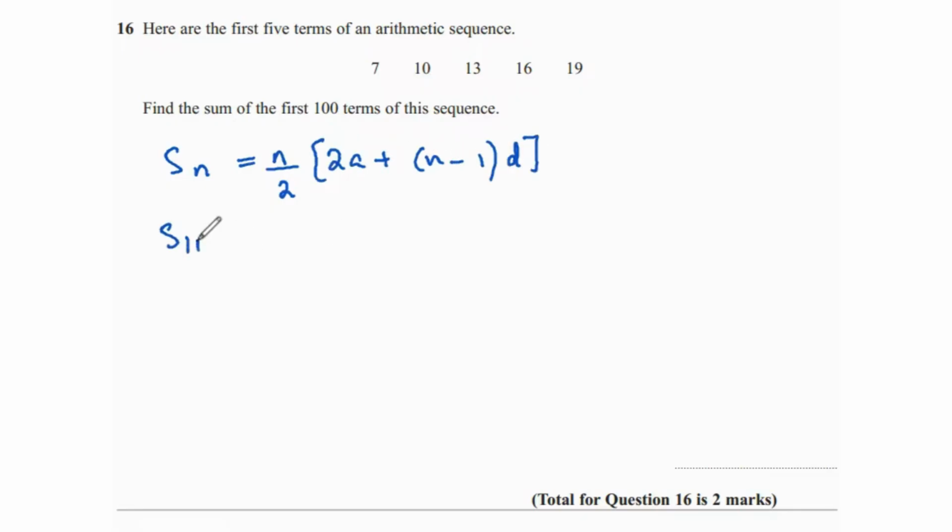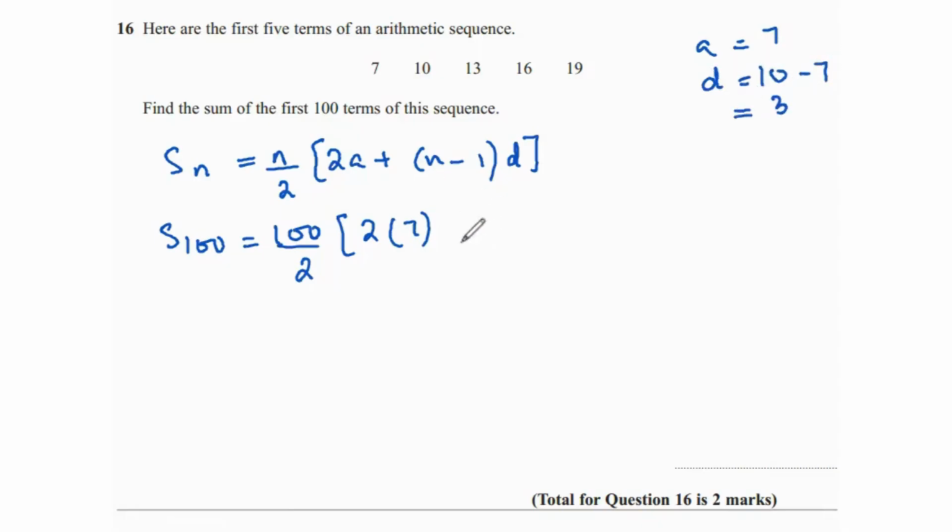So for the 100 terms, it will be 100 over 2 times 2 times 7. 7 is your first term. Common difference is 10 minus 7, which is 3. Plus 100, which is n, minus 1, times 3.